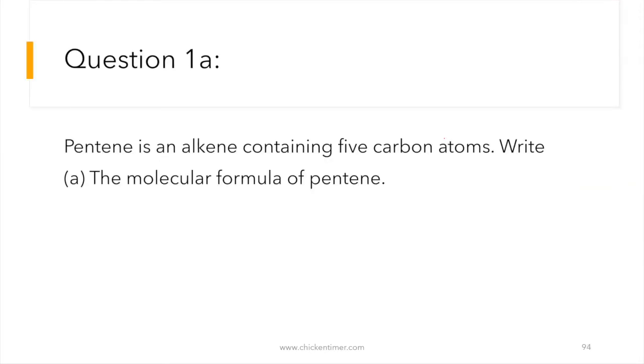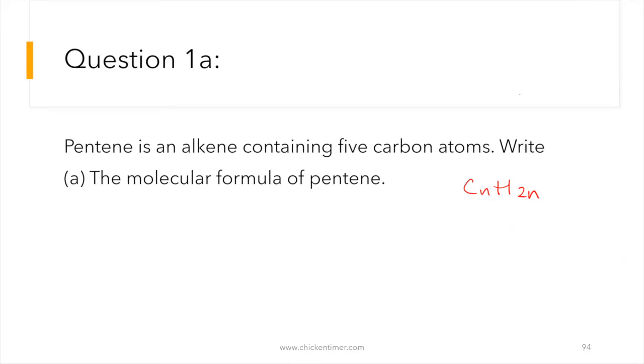Pentene is an alkene containing 5 carbon atoms. Write the molecular formula. Pentene is an alkene, so it's CnH2n. So it's C5, C5H12?